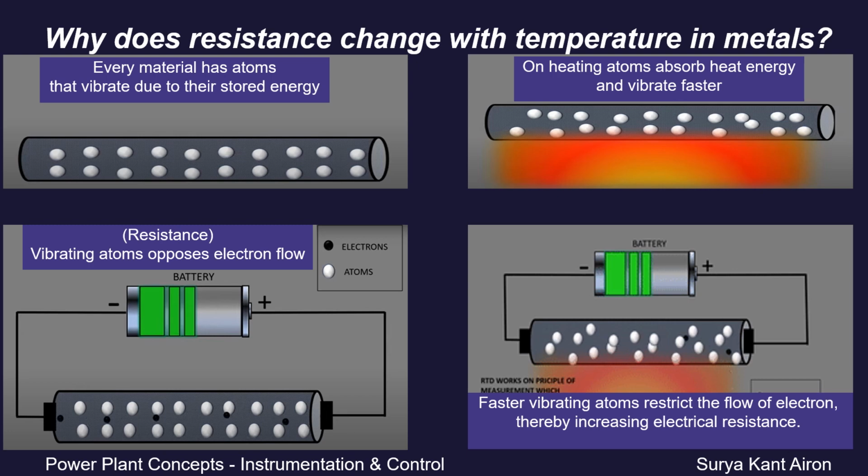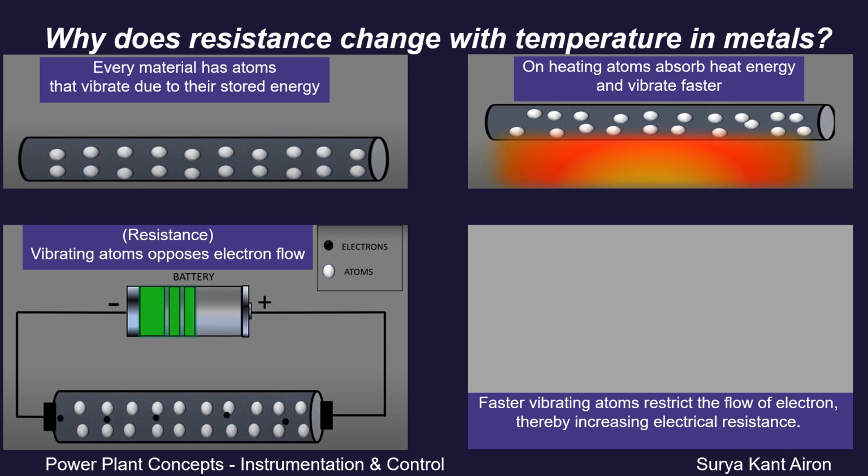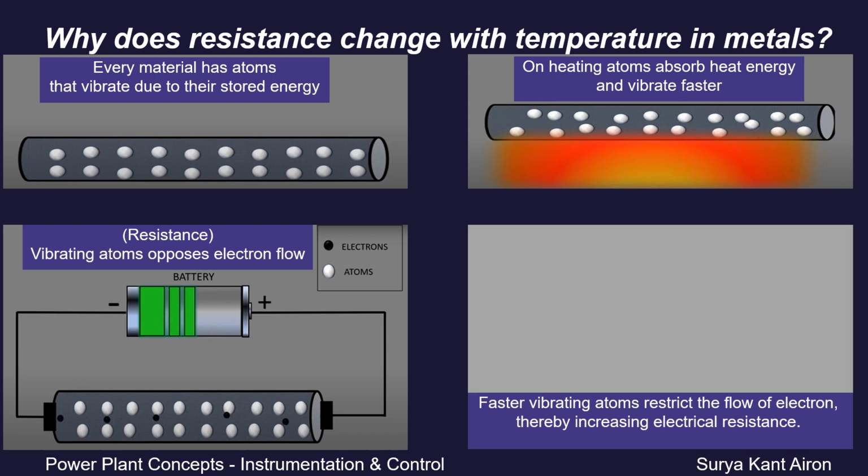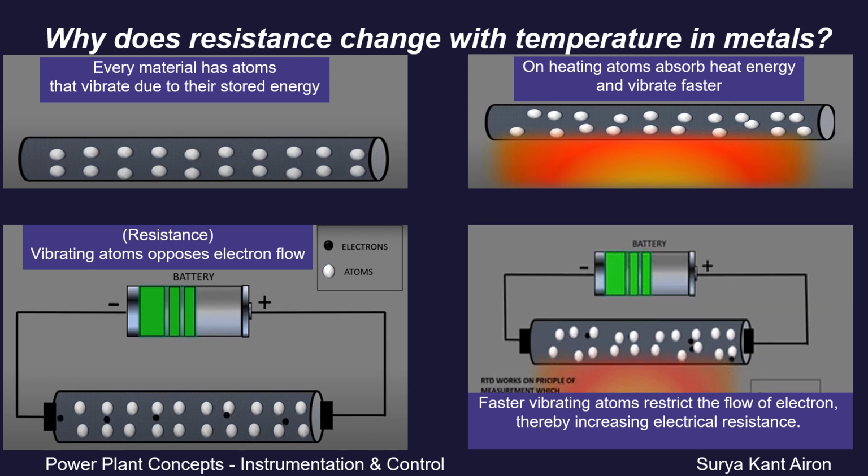If atoms are vibrating at a much faster rate and electrons are trying to pass through them, then definitely the collision rate will increase, thereby restricting the flow of electrons. Now lesser current is allowed to pass. This property, as we already discussed, is nothing but the resistance itself. So resistance increases with a rise in temperature. Clear?